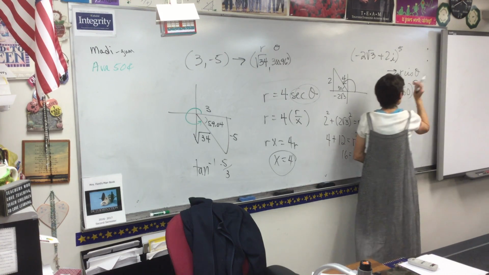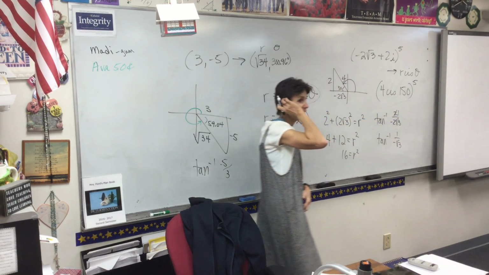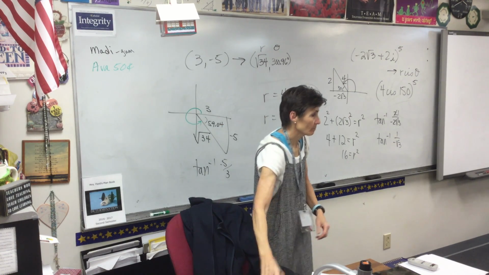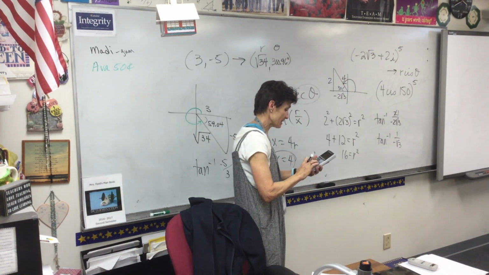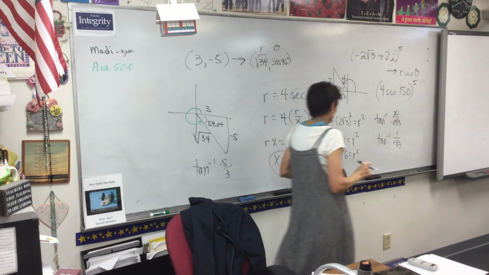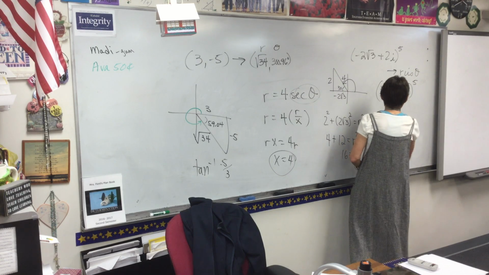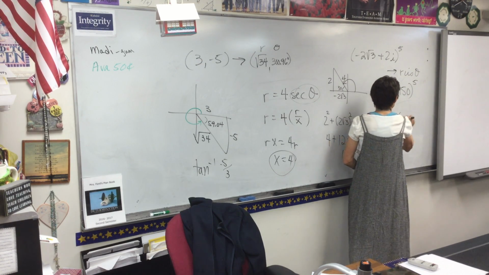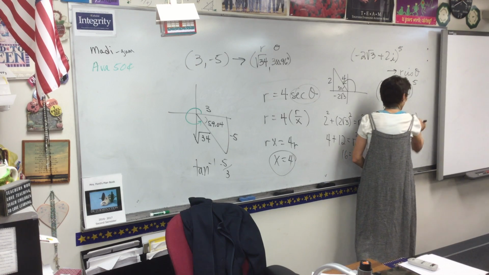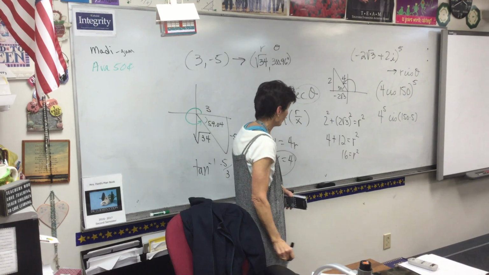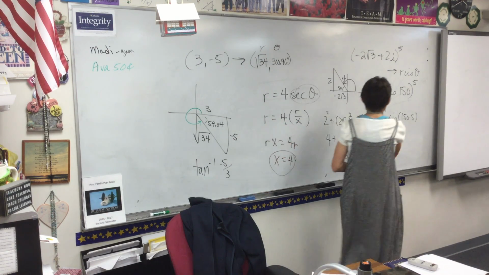Step 2 is actually do the power thing. How does that work? 4 to the 5th, and then multiply 150 by 5. When we do the power thing, it's 4 to the 5th and 150 times 5. Well, 4 to the 5th is 1024.